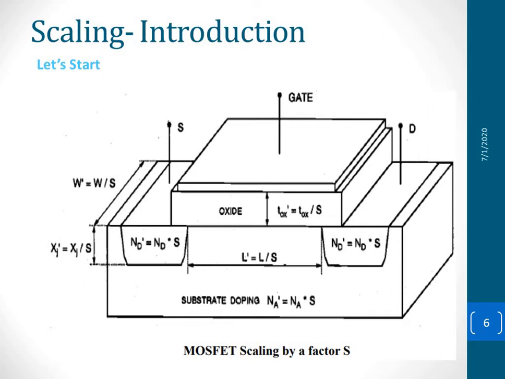This is how we are trying to reduce. S can be 1, 2, 3, or 0.1 if I want to scale down by a little amount. So S depends on how much you are trying to scale down.